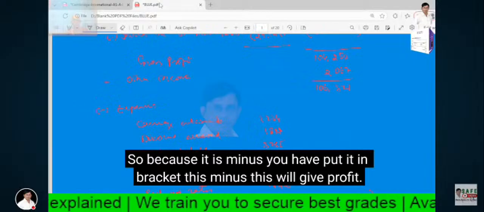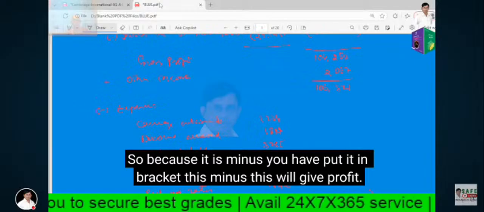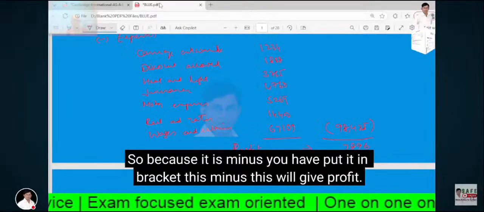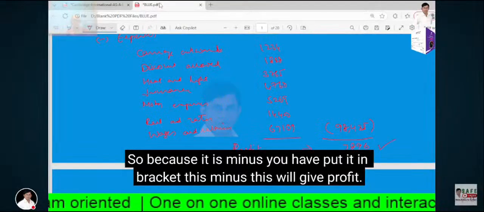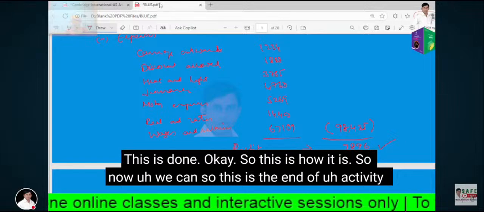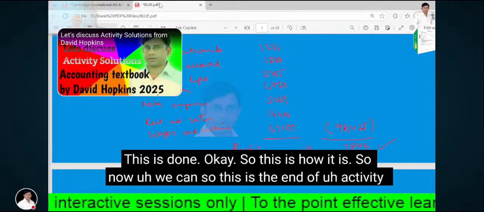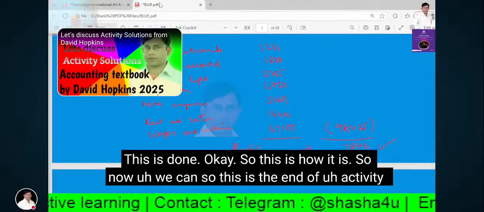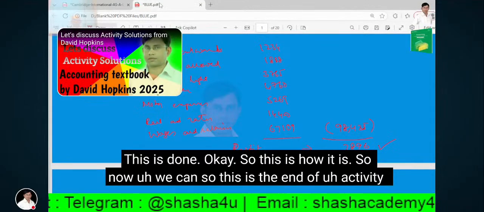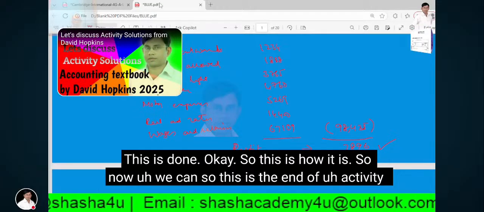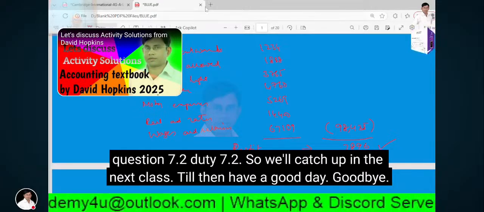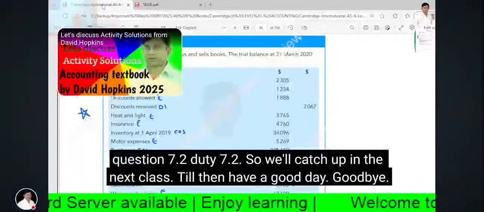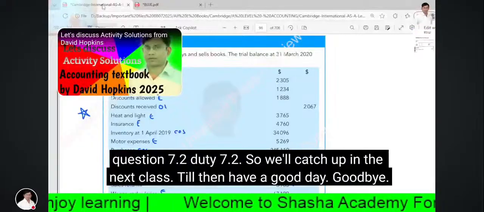Maybe there are easier questions you can do without any mistake, so ultimately you would have got more marks. Never do that. Take this advice as very important and follow it from now on. All the best, we'll continue in the next class. Till then, have a good day.